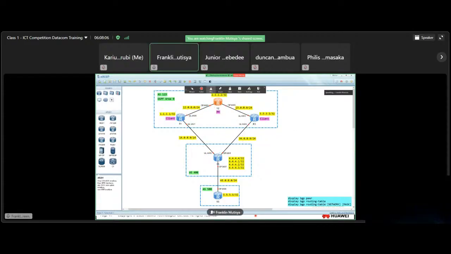So split horizon is one of the mechanisms used to ensure that routing loops are avoided on the IBGP network. And what is split horizon? It is where we prevent an IBGP router from exchanging IBGP routes with its peers.